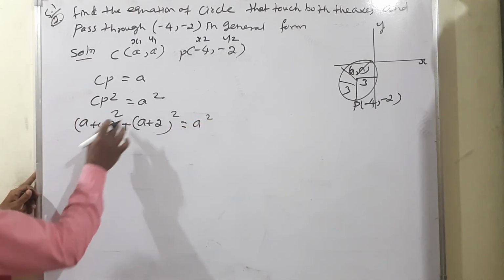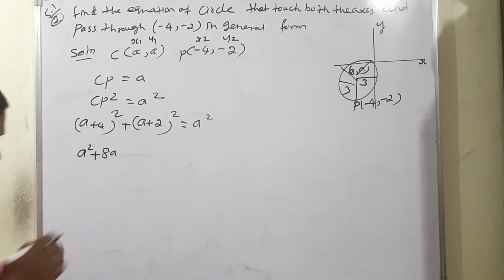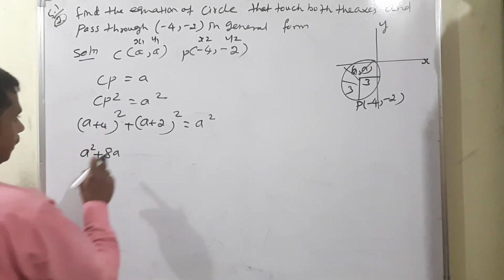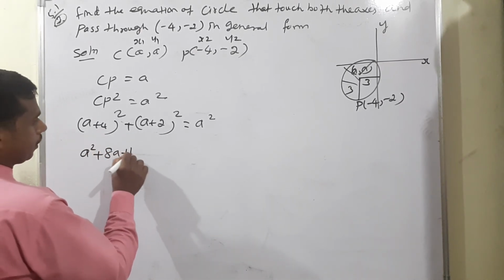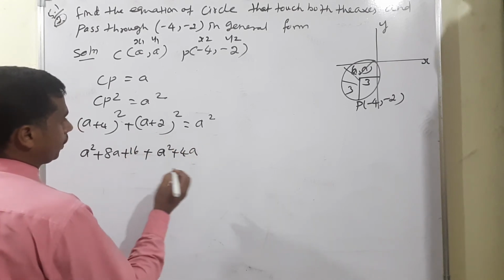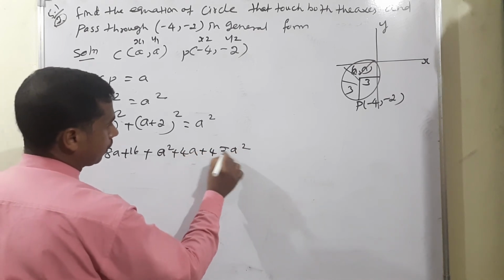Now (a plus b) the whole square form: a square plus 8a plus 16, plus a square plus 4a plus 4, is equal to a square.